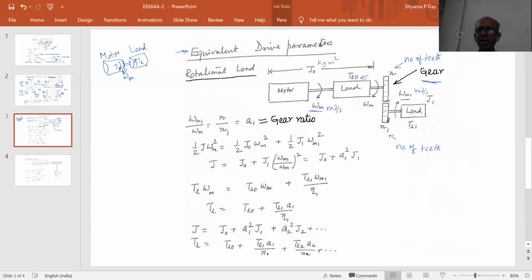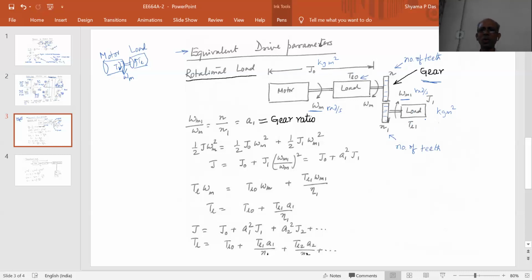And again, the load 1 has got the inertia J1. It's also in kg meter square. So we have J naught, the inertia of the zeroth segment, and J1, the inertia of the first segment.